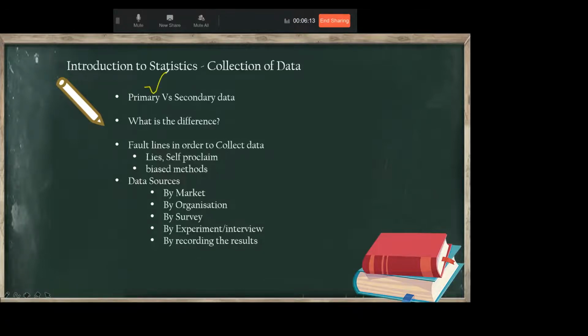Right. Primary data is what we collect by ourselves, and secondary data is what we borrow from reliable sources. That's the difference between primary and secondary data. There are certain fault lines. Sometimes the claims are self-proclaimed and people lie, like the researcher or the data collector.